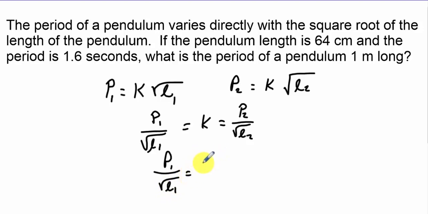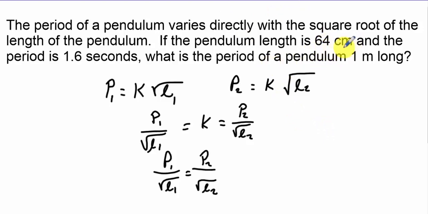And I typically like solving this way where we have two situations and I can then set two problems equal to each other, because then all I really have to do is find the missing variable instead of solving for k, because nowhere in here do they ask me to find the variation constant. So I'm going to go ahead and do that.